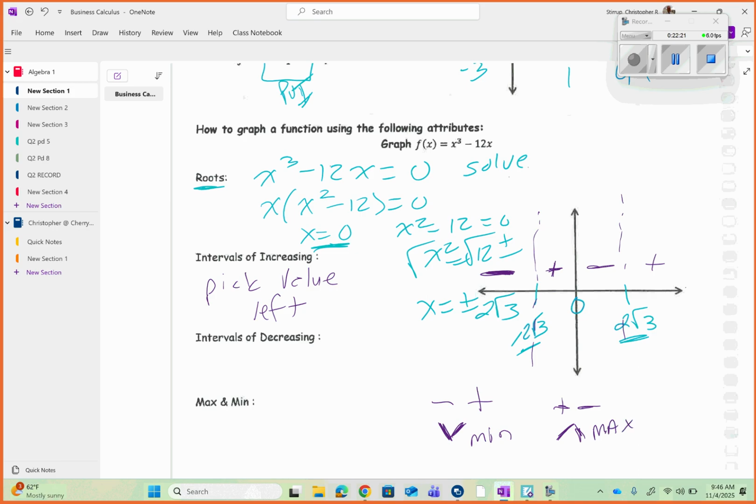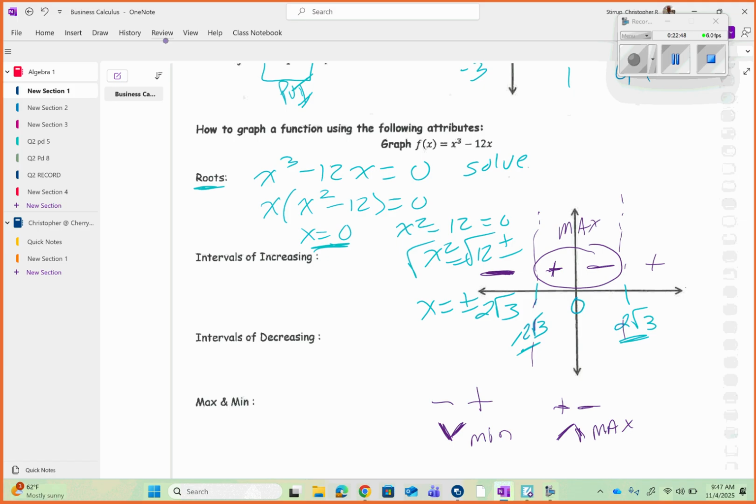So we want to see the interval where the graph is increasing and where it's decreasing. If this is a min from a negative to a positive, then from a positive to a negative, this right here is indicating that a max is taking place.